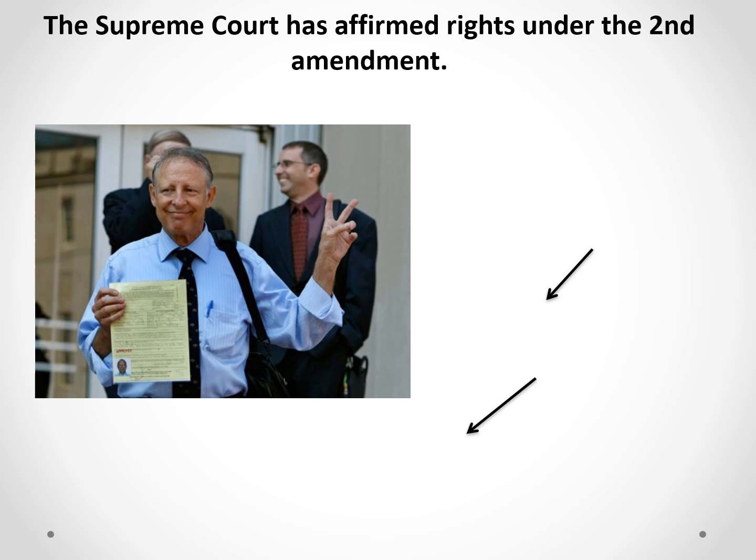So basically, this made it very, very difficult to carry a gun for personal protection in Washington, D.C. Okay, so if all you can have is a rifle or a shotgun, and even that has to be kept unloaded and disassembled or trigger locked at all times, that's going to make it difficult for you to actually use the gun in any meaningful fashion.